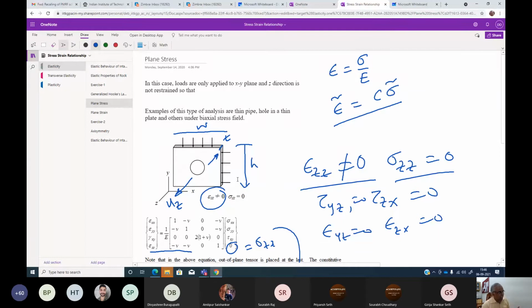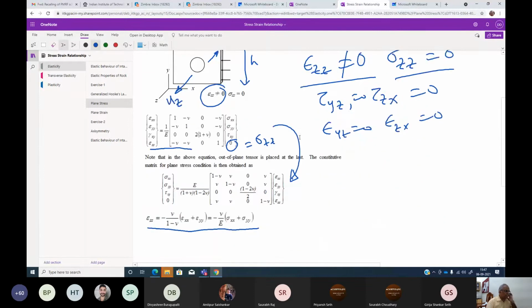This is a thin plate. So they are all plane stress conditions. If you want to analyze in 2D, there will be all plane stress conditions. Or you can do in 3D, doesn't matter. So those are the examples of plane stress.